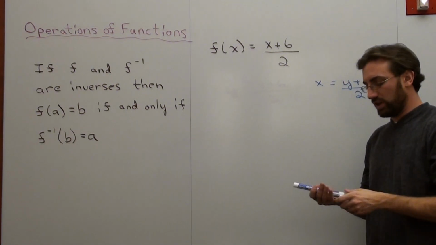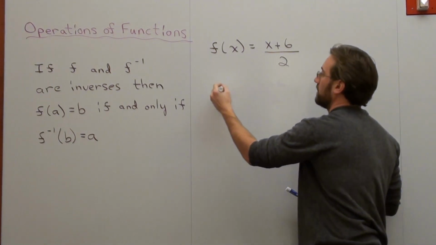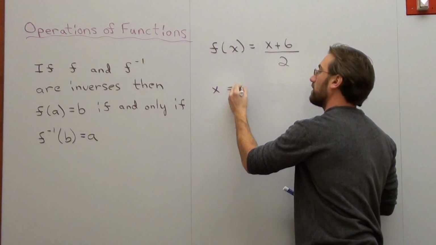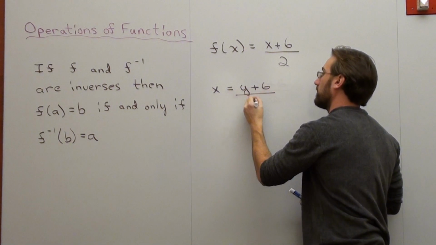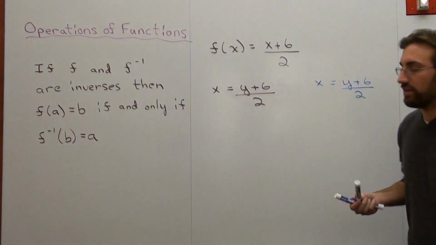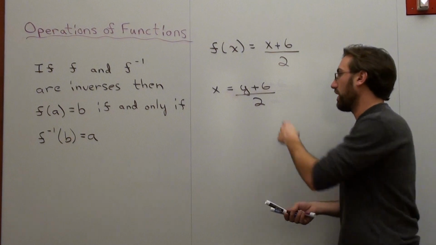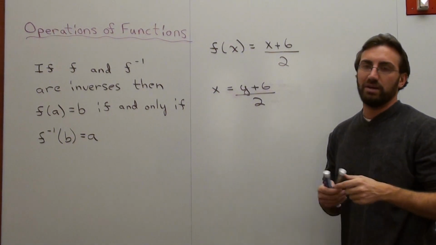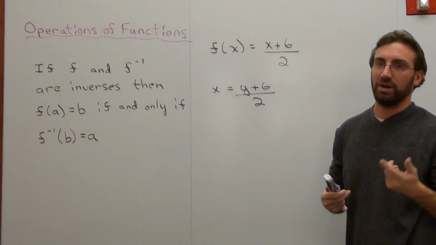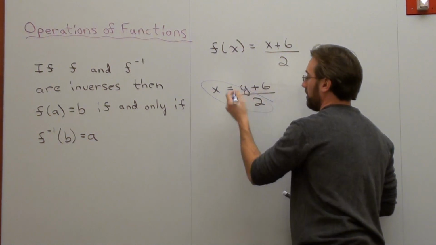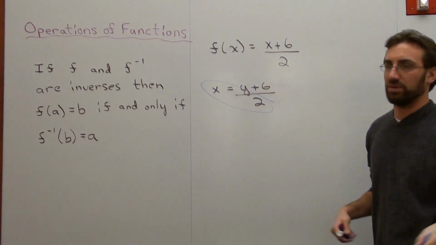So if I want to get y by itself, let's figure out how to do that. The first thing I'm going to do is cross multiply, or I can just multiply 2 on both sides. But I just tell students to cross multiply because they buy into it more. So you can't cross multiply anything with y plus 6 except for 1.